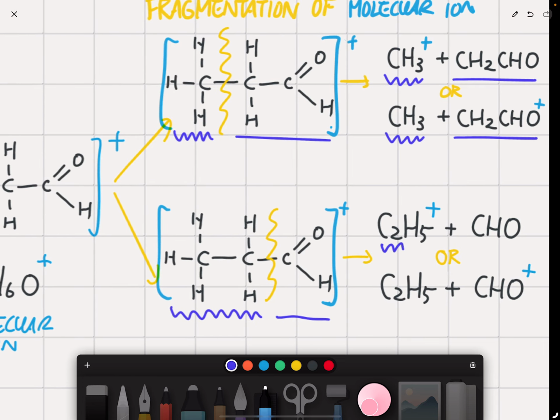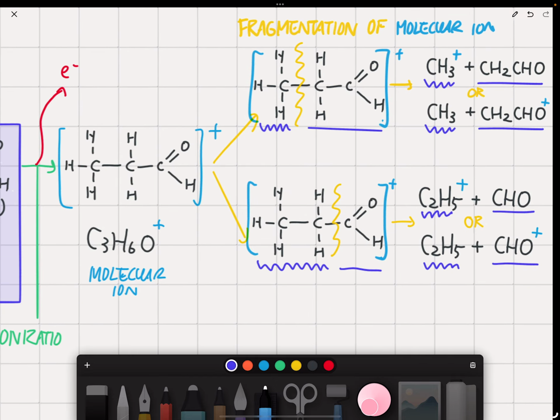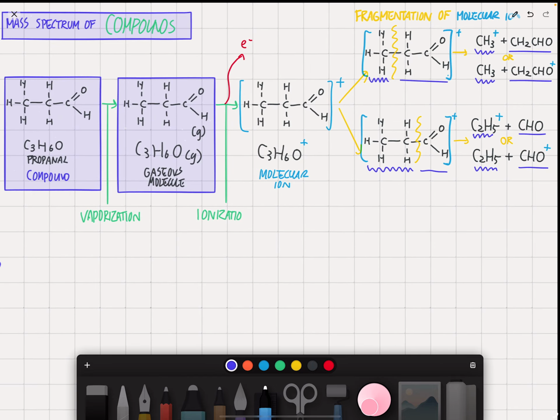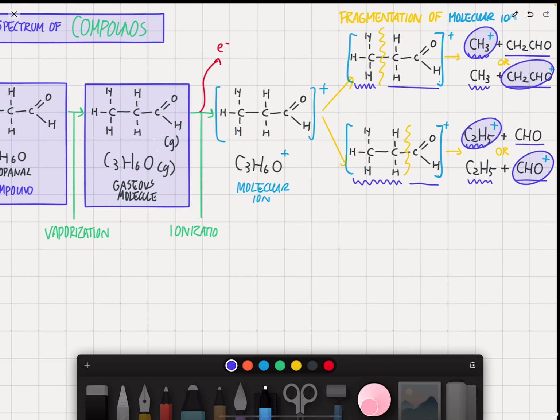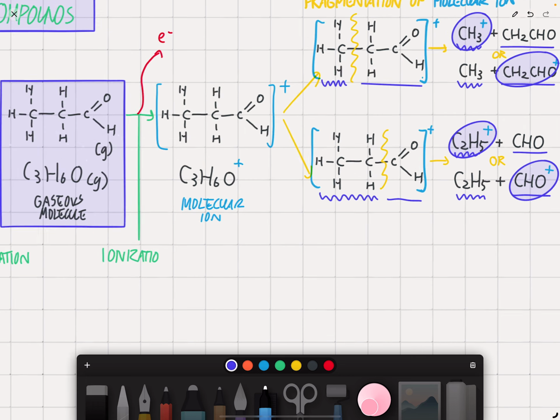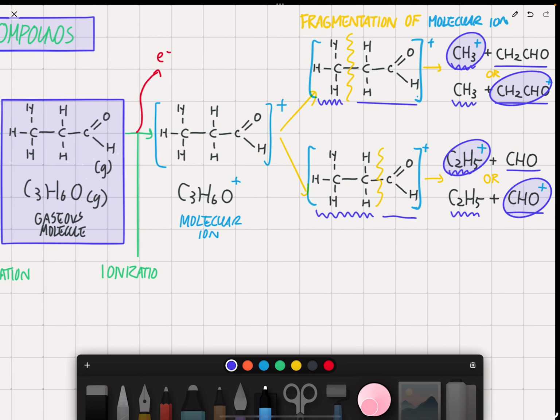Because any of these fragmentation patterns is possible, in the actual mass spectrometry, all the positively charged fragments will be detected. And because they each have a different mass to charge ratio, they will then produce 4 different peaks on our mass spectrum. So let me put this down in here.